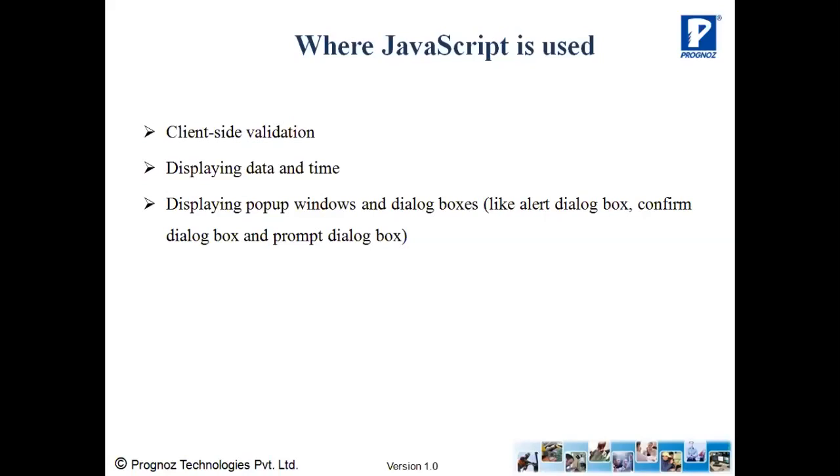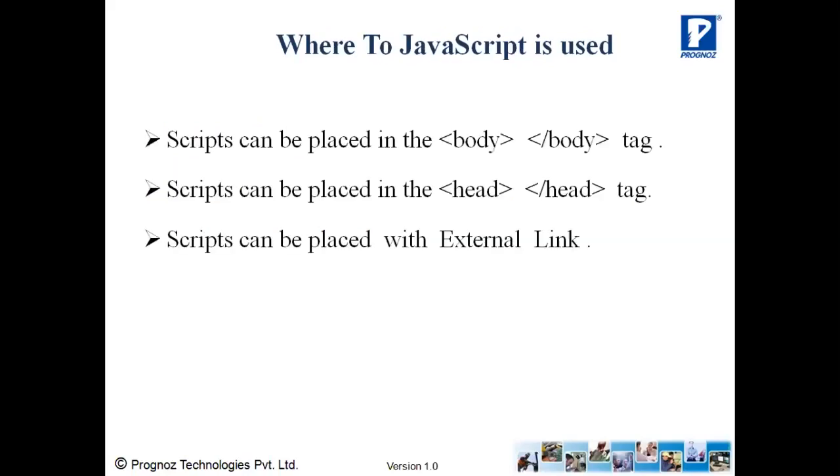The alert dialog box is used only for displaying messages. The confirm dialog box displays a message along with two buttons, asking whether you want to exit or not, whether you want to delete the data or not, etc. And the prompt dialog box is mainly used to take the user input. So these are the advantages or uses of JavaScript.